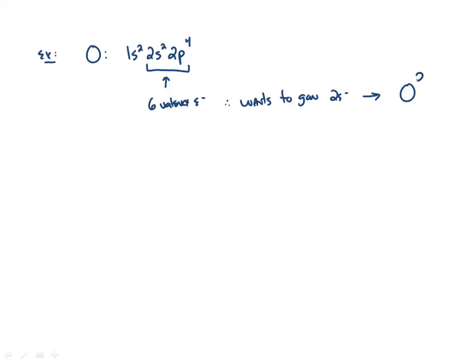For example, what's the electron state for, say, oxygen? It's 1s2, 2s2, 2p4. Make sure I'm not screwing up. Yep. What does it want to do? It has 6 valence electrons. Therefore, it wants to gain 2 electrons to form oxygen 2-.